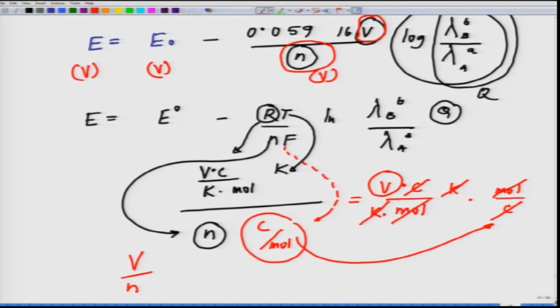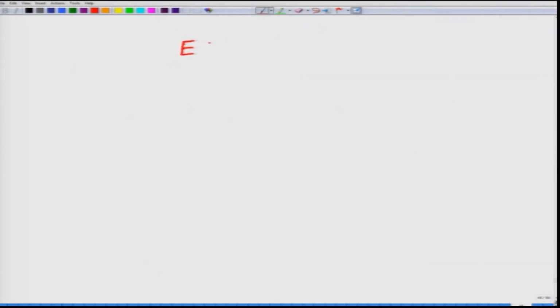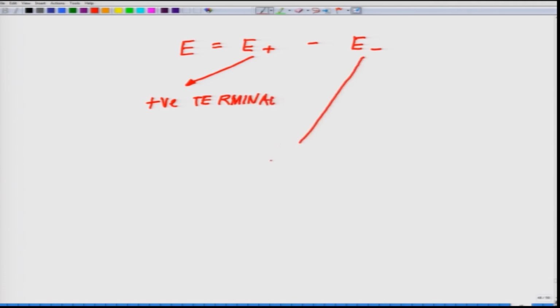If you have to see the Nernst equation for a complete reaction, it is E is equal to E plus minus E minus, where E plus is the potential of the electrode attached to the positive terminal, and E minus is the potential of the electrode attached to the negative terminal of the potentiometer.